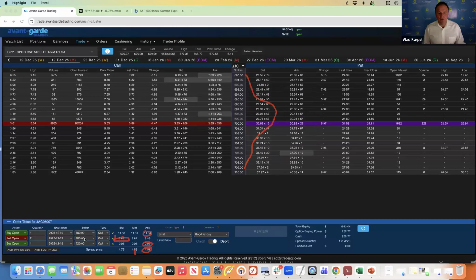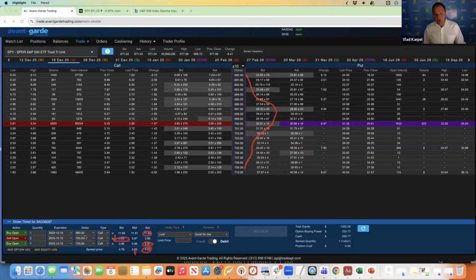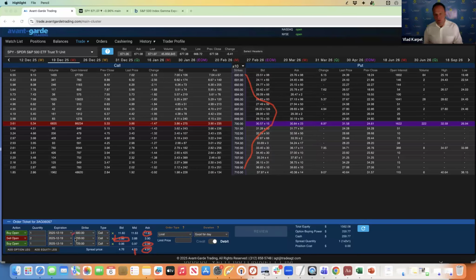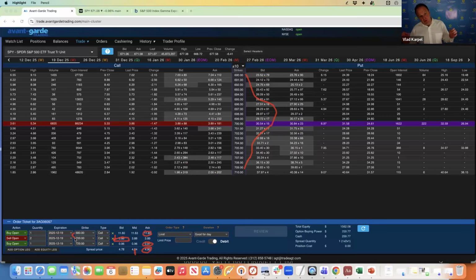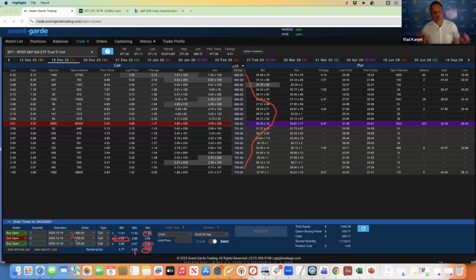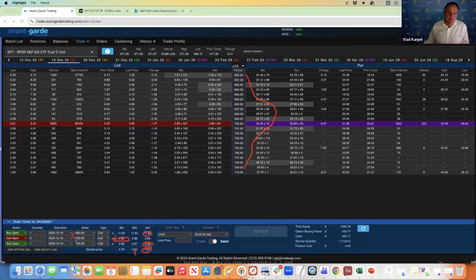But if I'm right and we do get to 700, or we start moving towards 700, then the maximum profit is the difference in strikes, so $20 minus the debit that I pay. So I can make $15. Again, the market has to settle on 700 by December 19, which is very unlikely. But you don't have to wait till December 19 to close your spread.